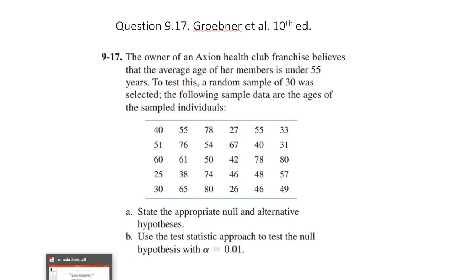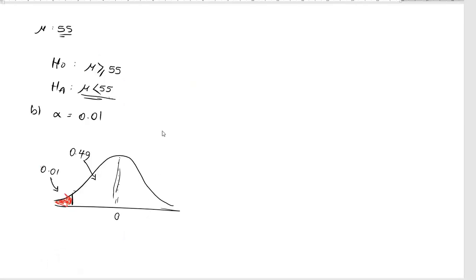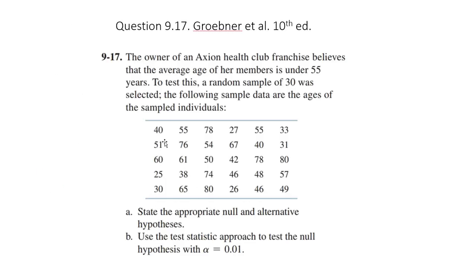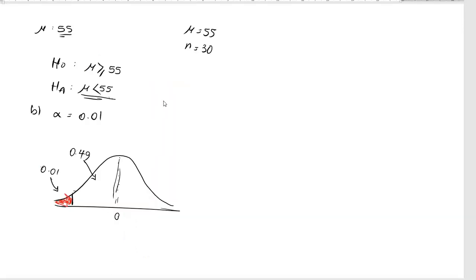Okay, let's calculate the values that I have. Mu is 55. Sample size is 30. If I enter the values into the calculator in stat mode and calculate x bar, which is the mean, and s, which is the sample standard deviation, I should be able to get these two values easily.